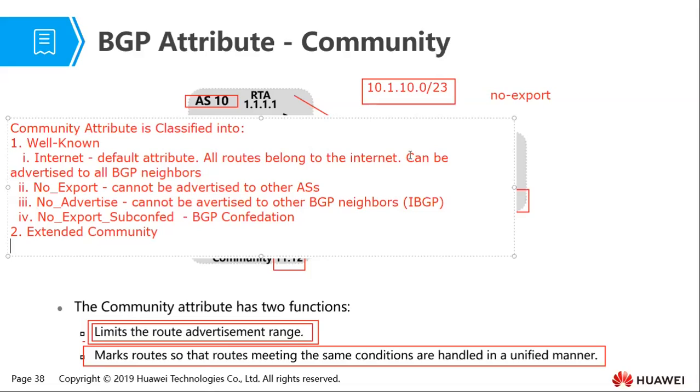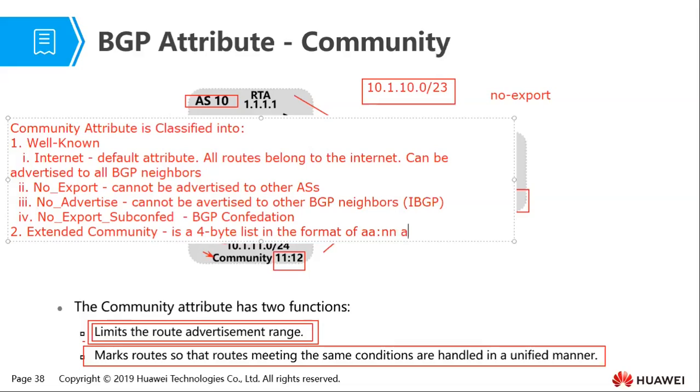The extended community attribute is a 4-byte list in the format of AA:NN, also known as the community number.